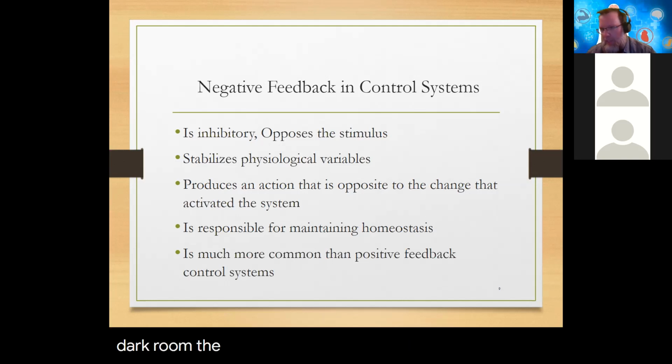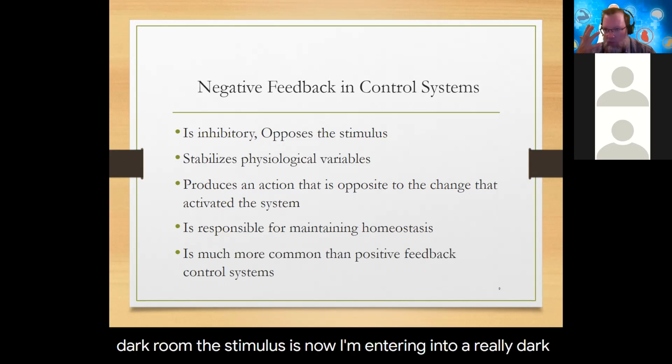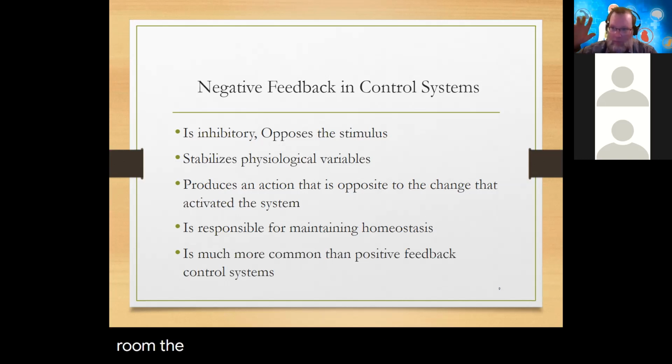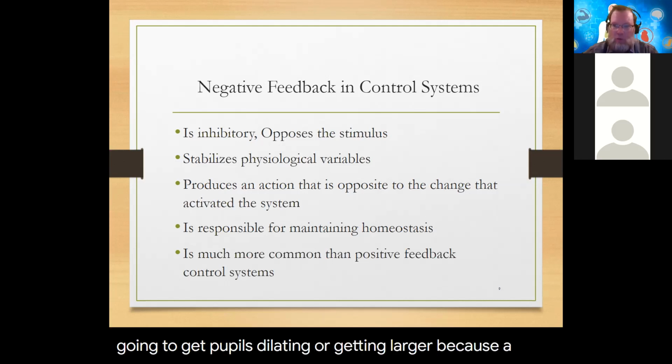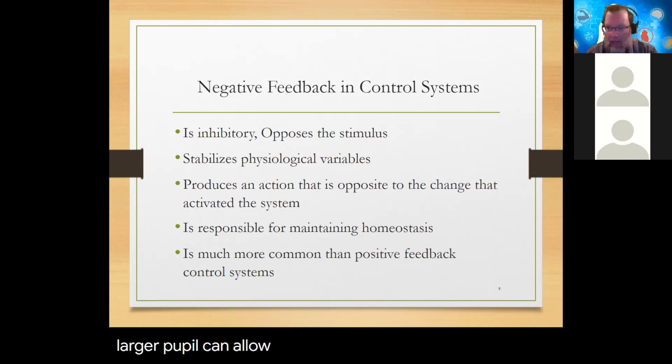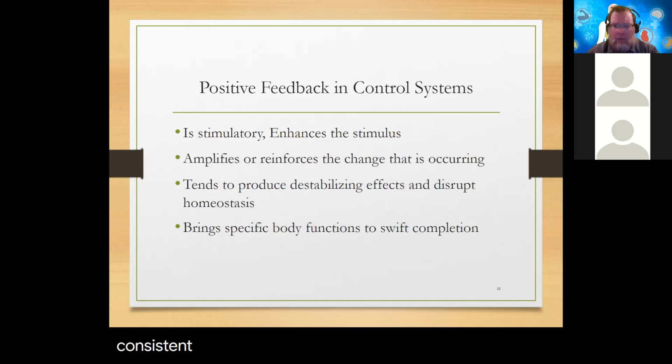The stimulus is, now I'm entering into a really dark room. The response needs to oppose the darkness. So we're going to get pupils dilating or getting larger, because a larger pupil can allow any light that may be available to go to the brain. So anyway, negative feedback, that's kind of the consistent theme in everything we do.